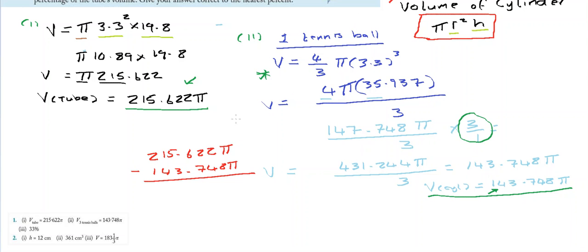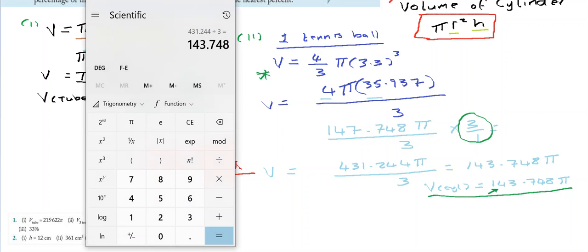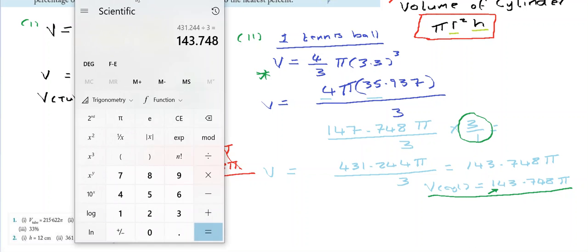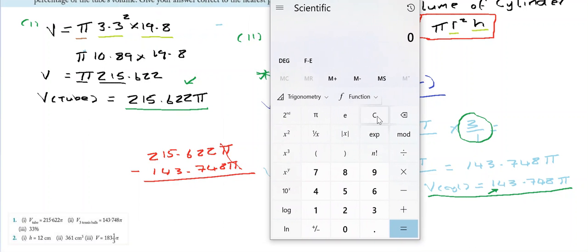So these two pis will cancel out. So it's going to be 215.622 minus 143.748, and that's equal to 71.874.